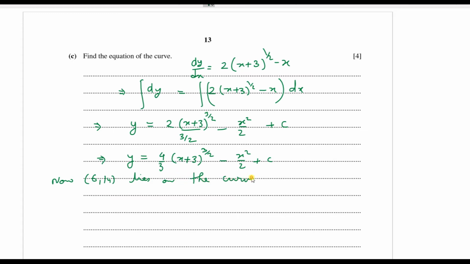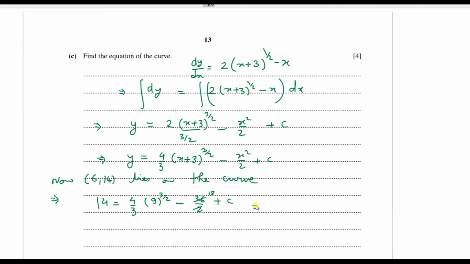So we can replace the values and we will get 14 is equal to 4 over 3 times (6 + 3), that is 9 to the power 3 by 2, minus 6 squared, 36 over 2, plus c, and that becomes 18. We can simplify it further.